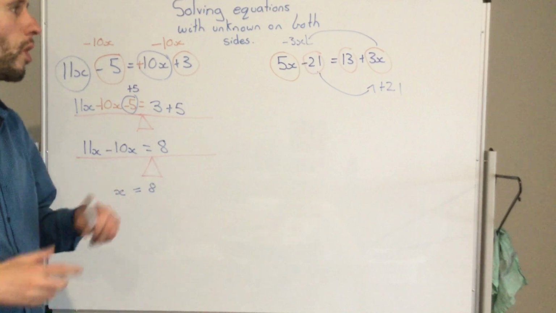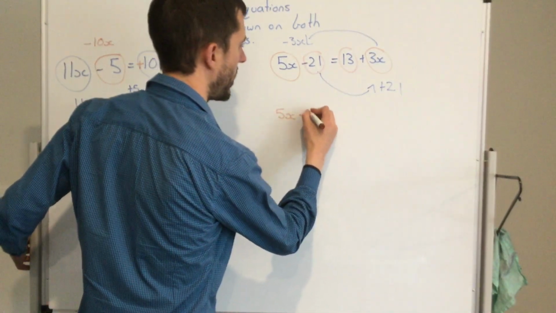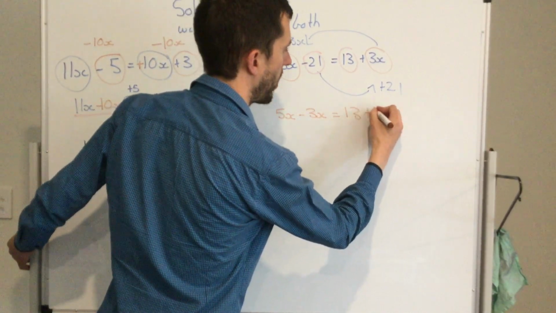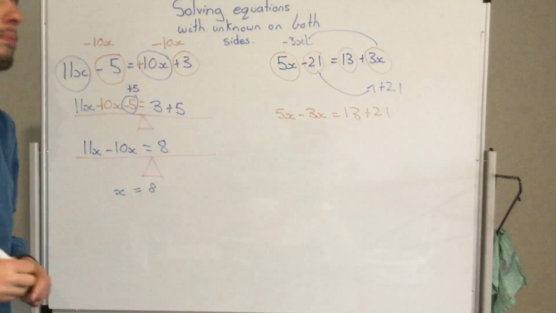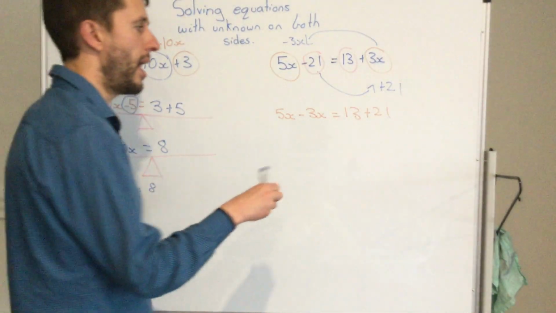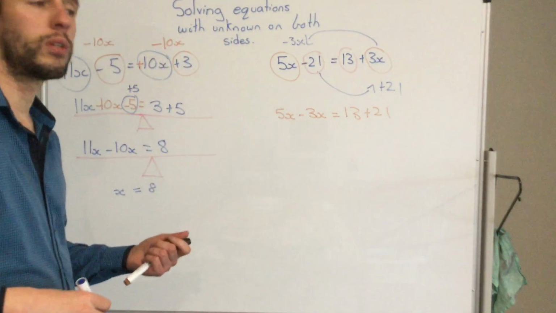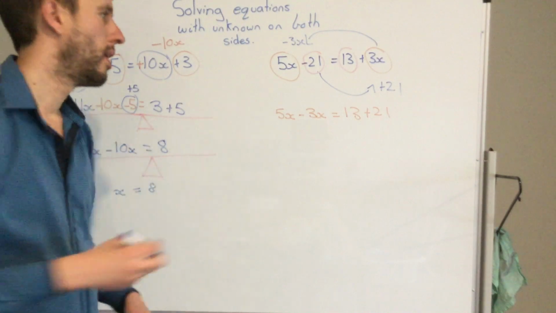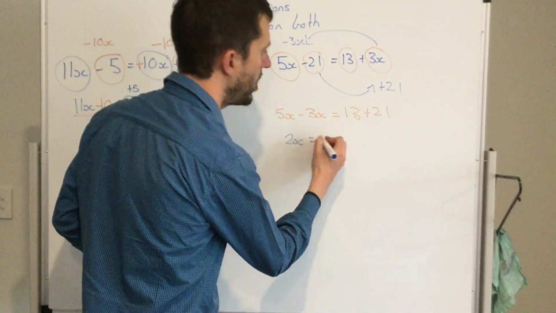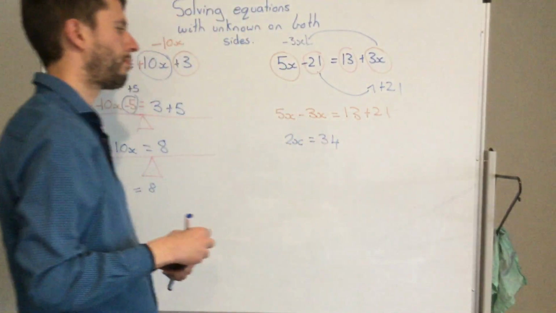And then I will rewrite 5x take 3x equals 13 plus 21. Now that I've done that, I can simplify it. If I've got 5x or 5 apples and I lose 3 apples, I'm left with 2x, 2 apples. 13 plus 21 equals 34.